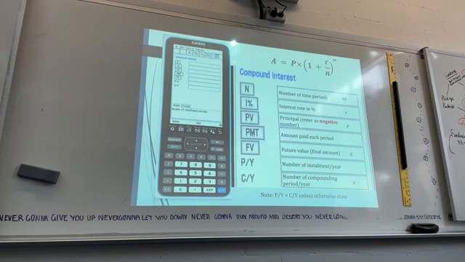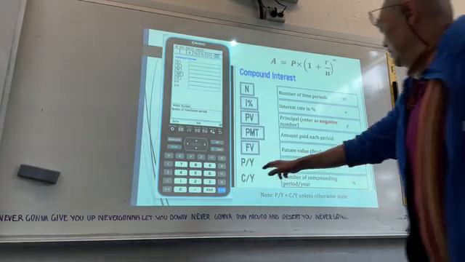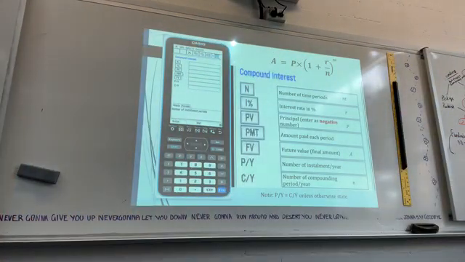Once you've done that, we'll start learning how to use it. So this C here means the number of compounding periods per year.